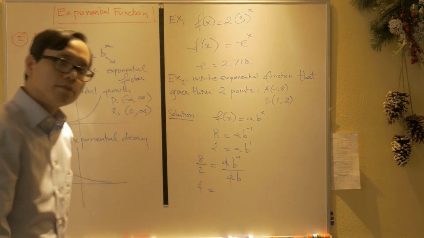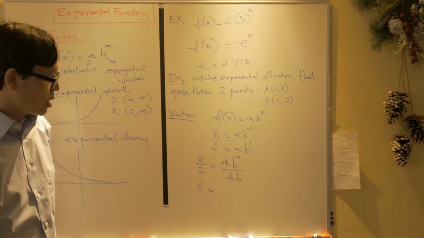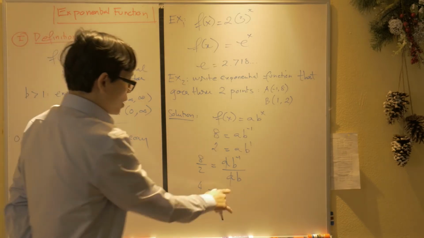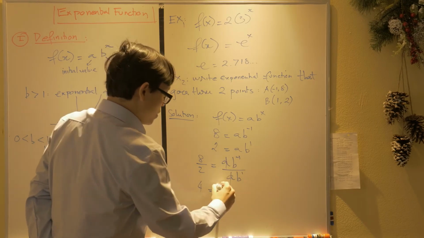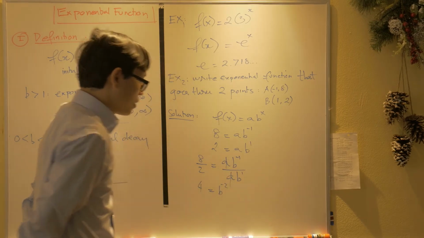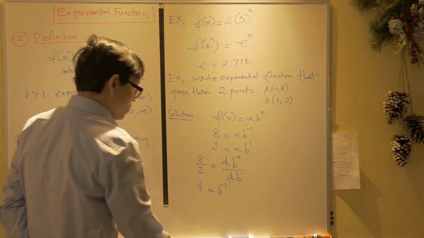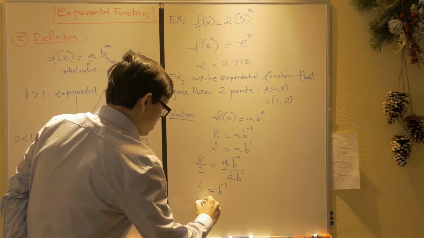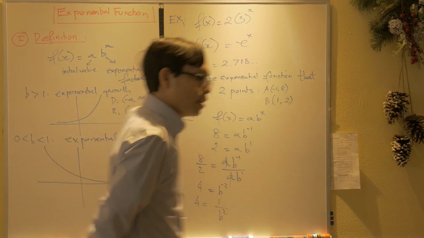You remember the formula from when you simplify exponential expressions. When you divide the same base, you subtract the exponents. So negative 1 minus 1, so b to the negative 2. Okay, negative 1 minus 1 is negative 2. So from here, I can change it: 4 equals 1 over b squared, because you have a negative exponent.